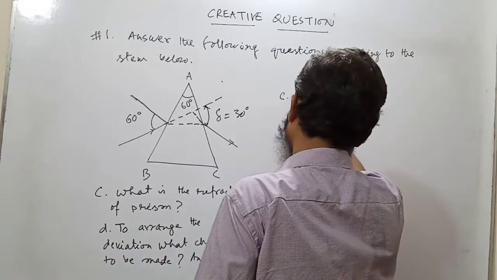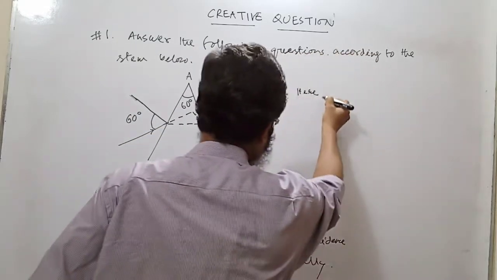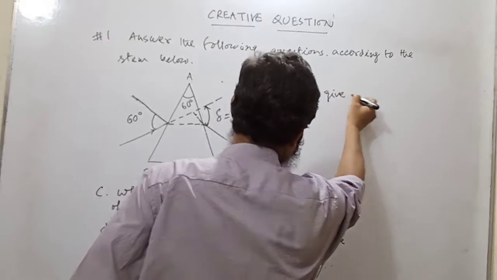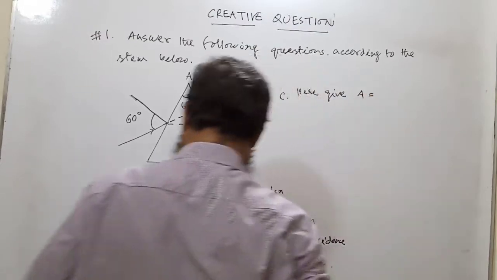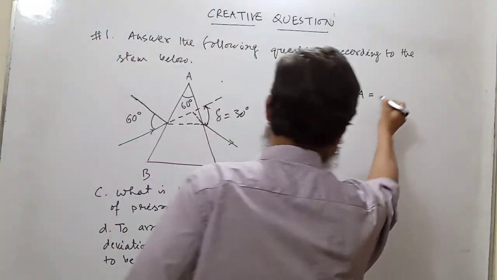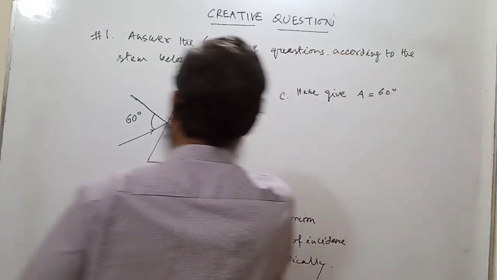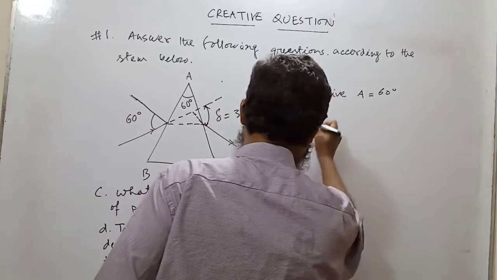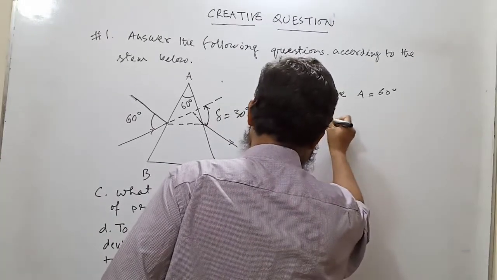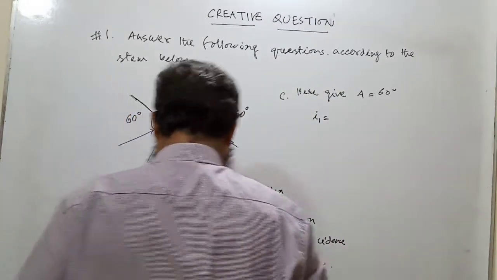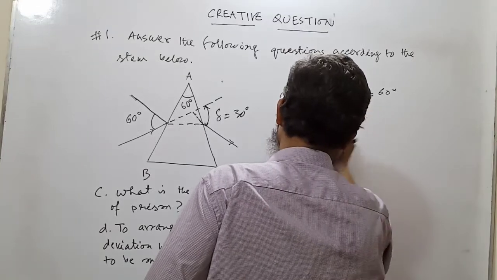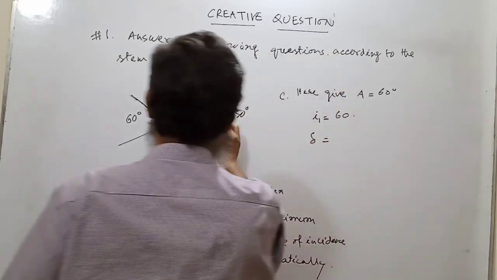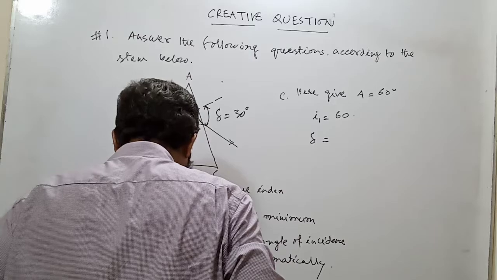Here given: angle of prism A is equal to 60 degree. Angle of incidence, that is I1, is equal to 60 degree, and angle of deviation is 30 degree.